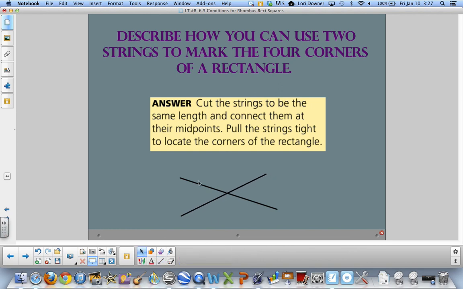This midpoint means it's cutting this and this congruent to this and this. Pull the strings tight and then locate the corners. These would be the corners of my rectangle, because we know the diagonals will be the same and they bisect each other.